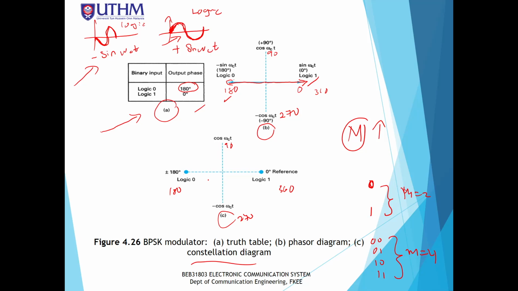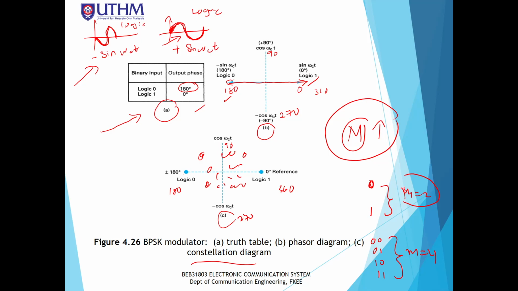If we go to a higher value of M, we're gonna have many dots over here, and each symbol is close to one another symbol.